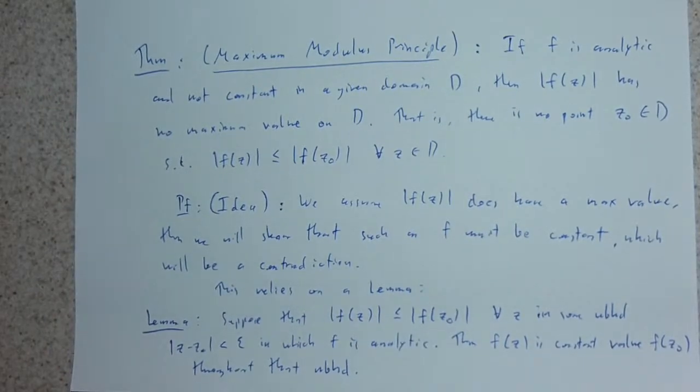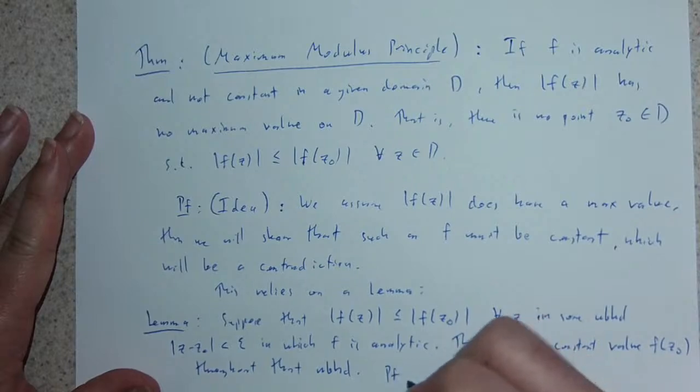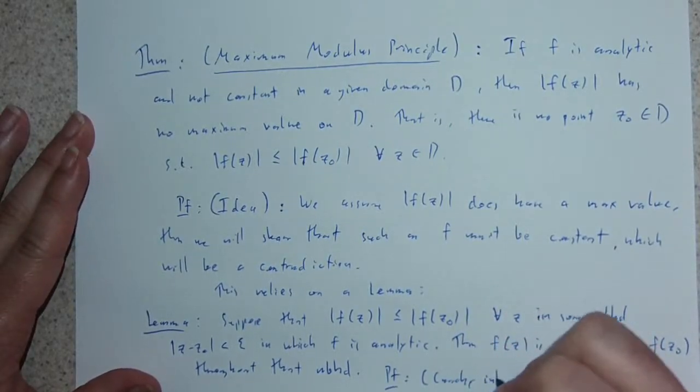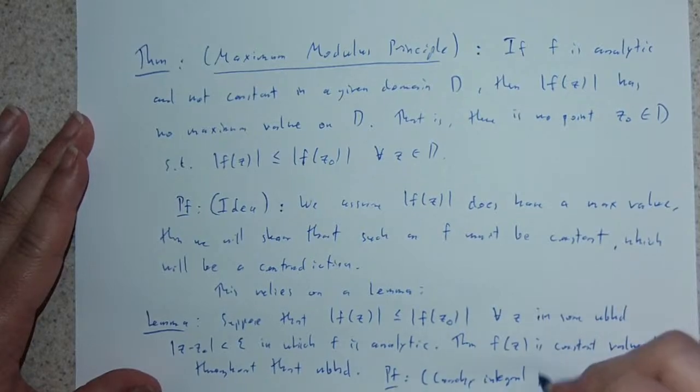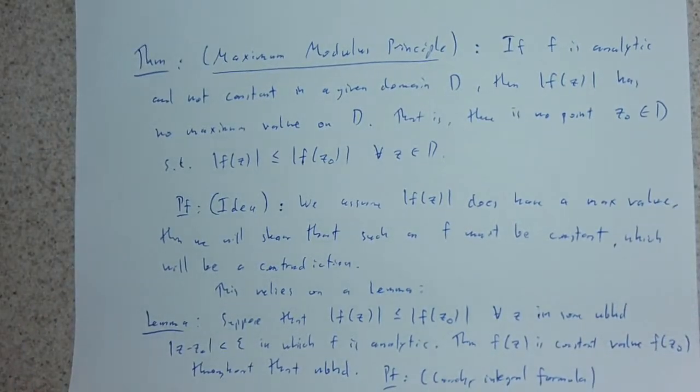So this is where the lemma comes in. Okay. So suppose it has a maximum value. We have this lemma. This lemma comes from the Cauchy integral formula. I'm not going to go over the proof of the lemma. There is a little bit of work here, but not too much. It falls out of the Cauchy integral formula if you're careful.